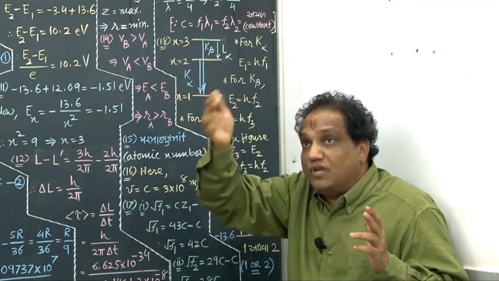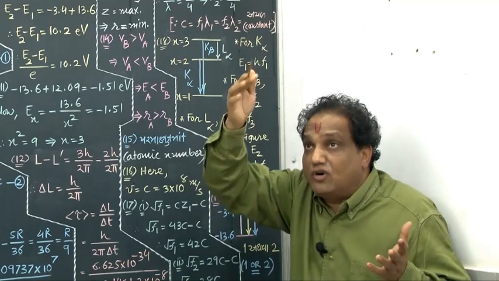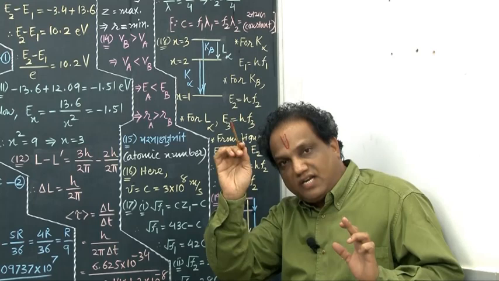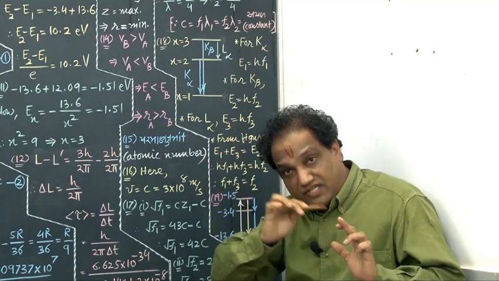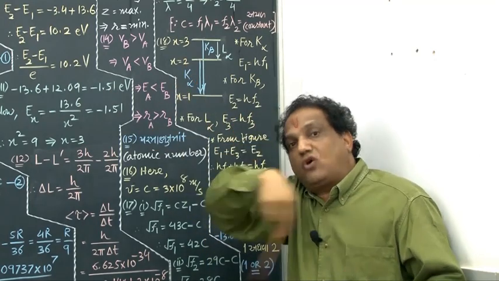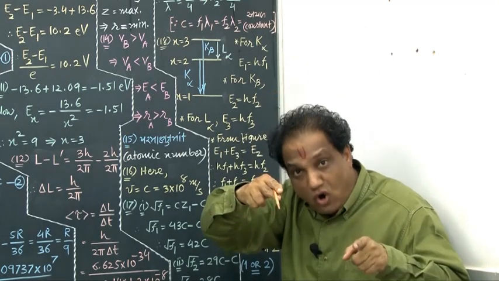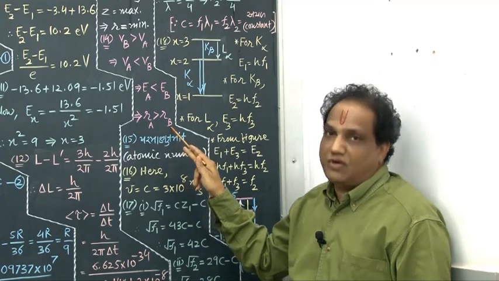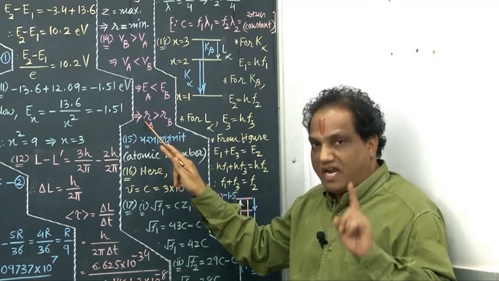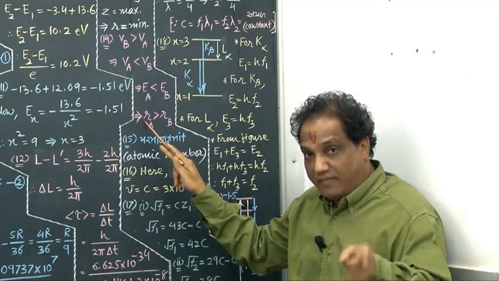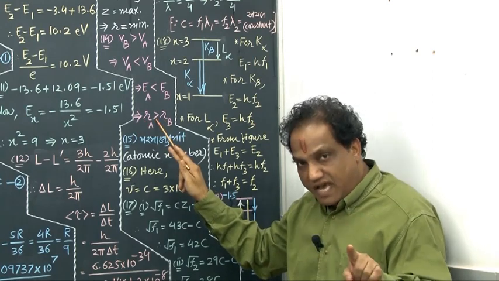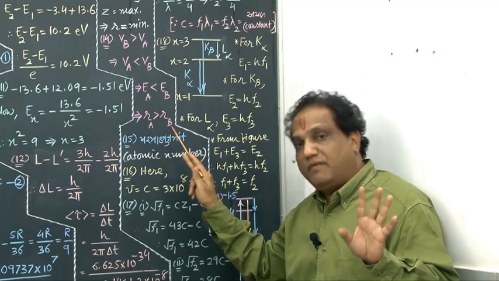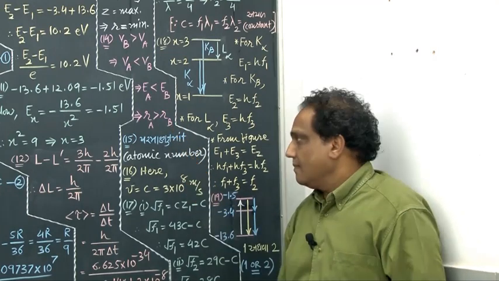That's why you need to supply less energy to make it free. So, when that electron is far from the nucleus, its orbital radius must be more. That's why I am writing Ra greater than Rb. Got it? The orbital radius of the electron in the atom of element A must be greater than the orbital radius of the electron in the atom of element B. Simple.